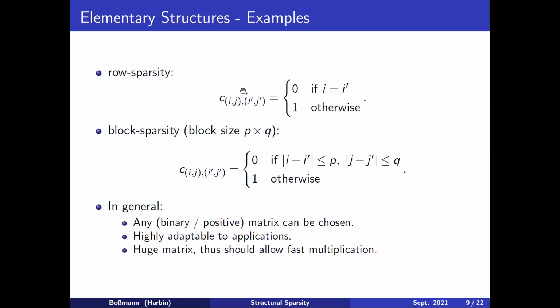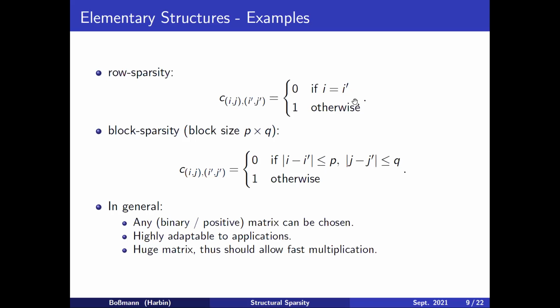For row sparsity, we just set the coefficients to 0 whenever the row index i and the row index i prime are the same, because then this pair of pixels we're considering is in the same row. This is exactly what we want for row sparsity: elements that are only in the same row. If they're in a different row, then we set it to 1.